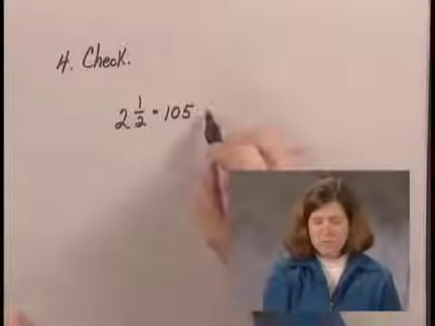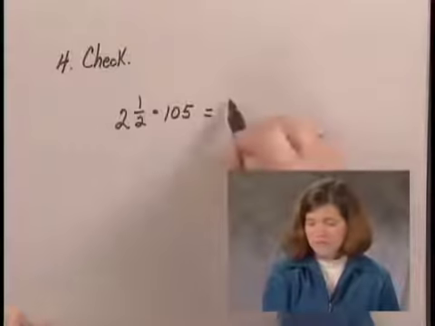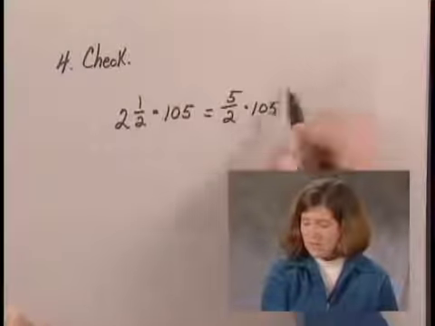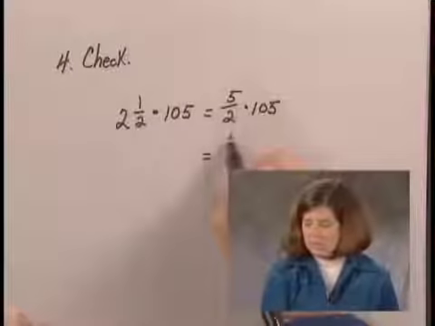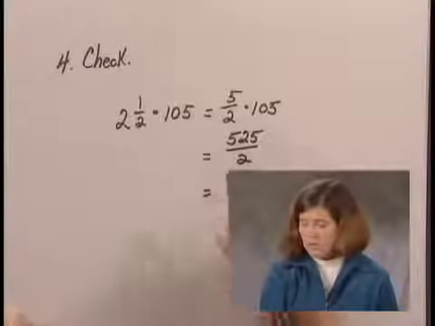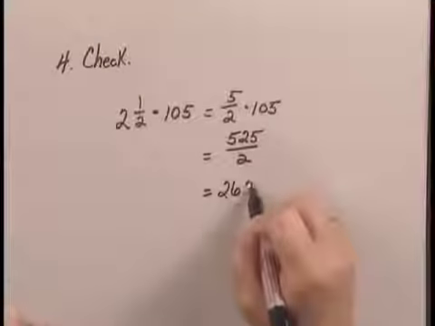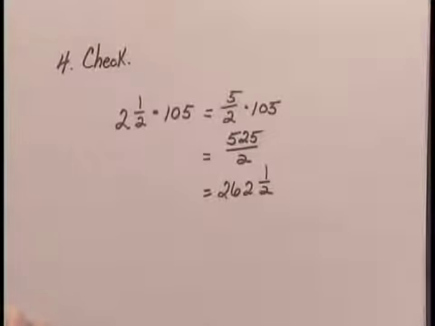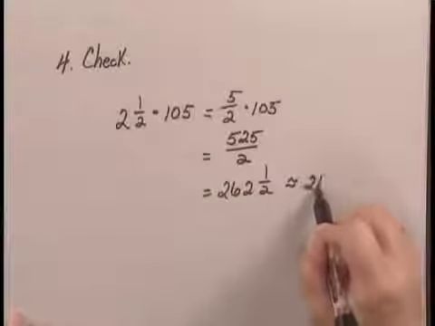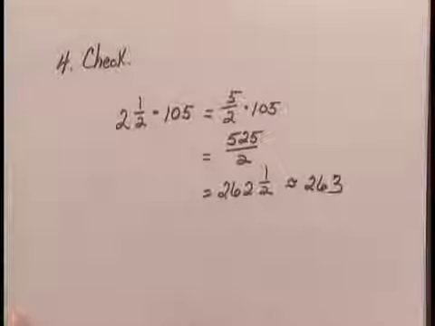So 2.5 times 105 is 5/2 times 105, which is 525 over 2, which is 262 1/2. Now remember, we rounded to get to 105, and 262 1/2 is very close to the 263 that he lifted. So we do have a check.